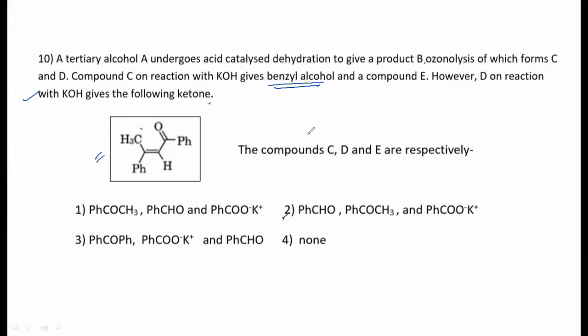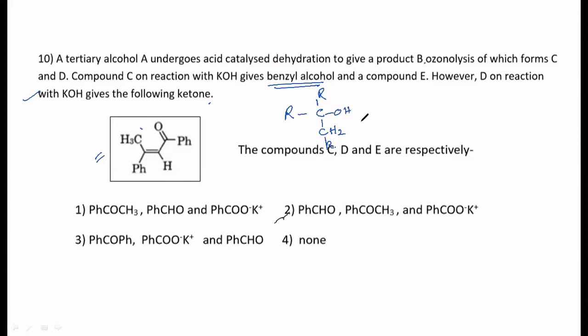A tertiary alcohol undergoes acid catalyzed dehydration. Let's just write a tertiary alcohol like this. This is your R. Let's say this is going to be a CH2 and then R. This is your tertiary alcohol.